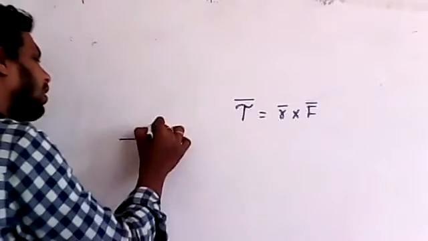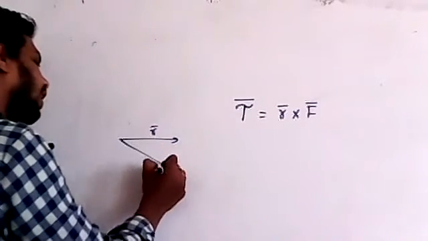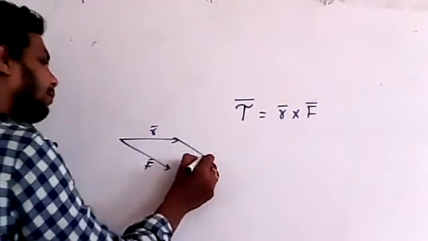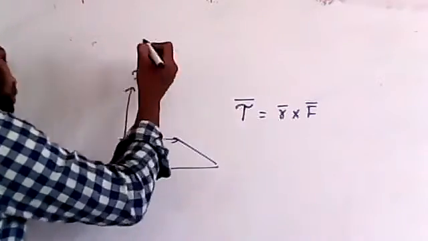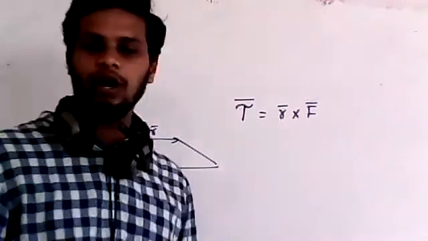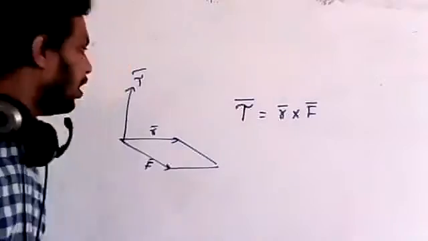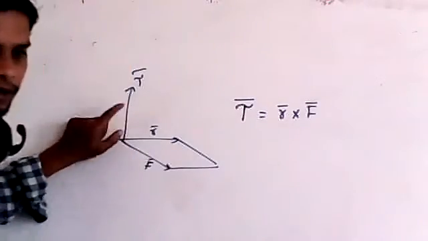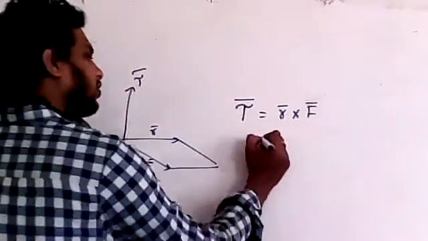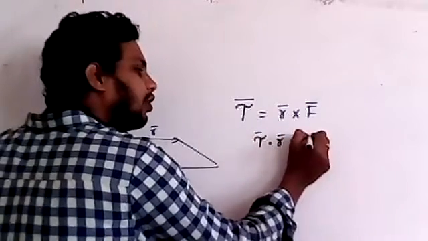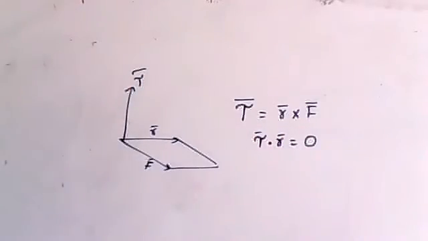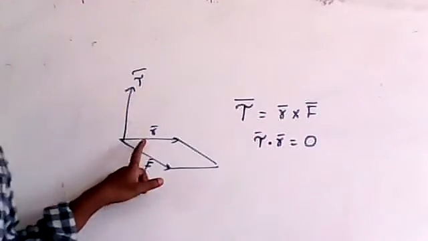I will take it as R bar, and for example F bar. Now, torque tau bar is always perpendicular to the plane of R bar and F bar. If torque tau is perpendicular to the plane of R bar and F bar, then tau dot R bar is equal to 0, because torque tau is perpendicular to R bar.